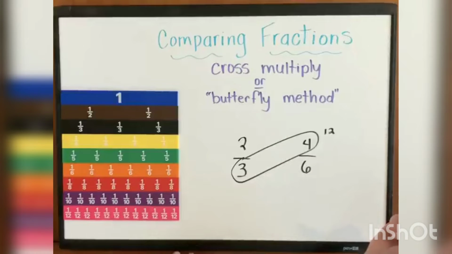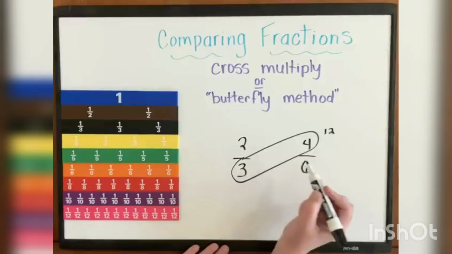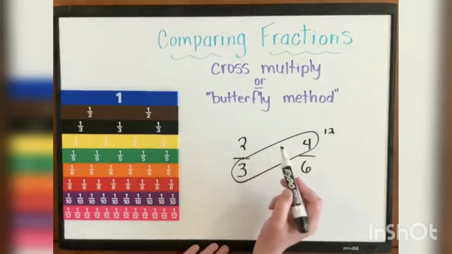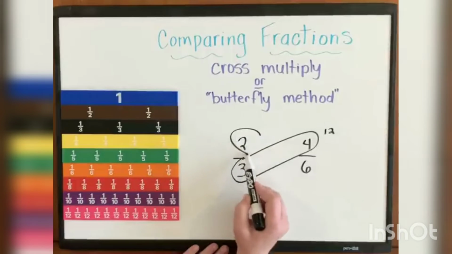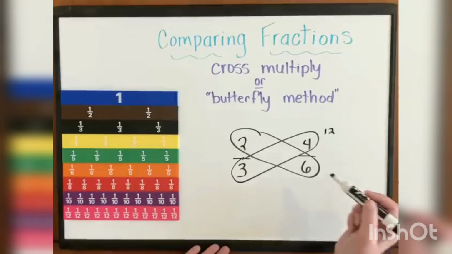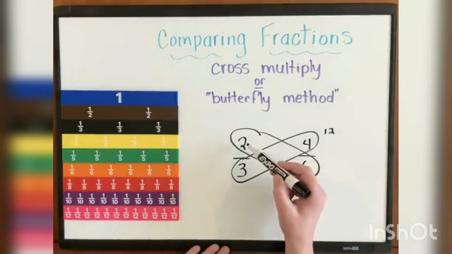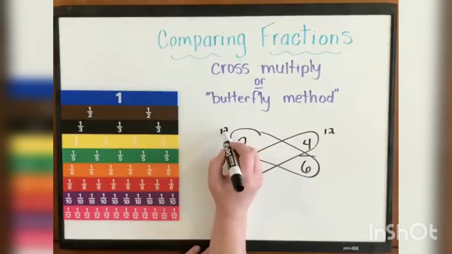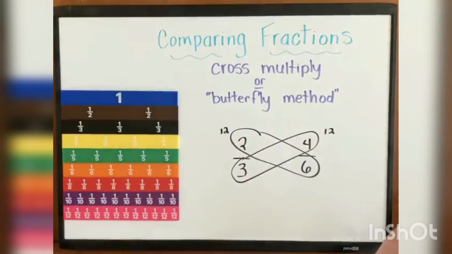Now, we're not done. We've only done one step in this method. Let's continue multiplying this denominator by this numerator. To keep track of that, I can circle those numbers. What is 6 times 2? Well, 6 times 2 is 12, and I'm going to write 12 up in my top corner.